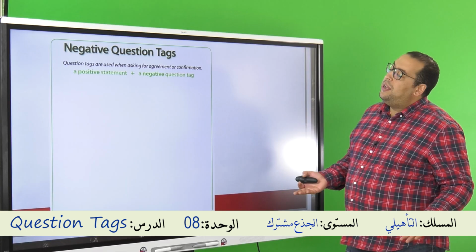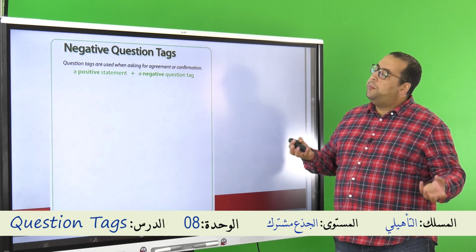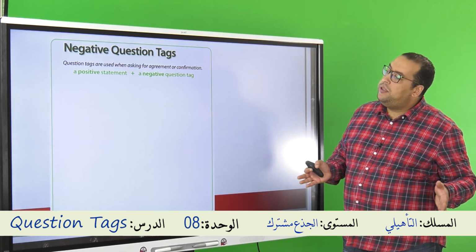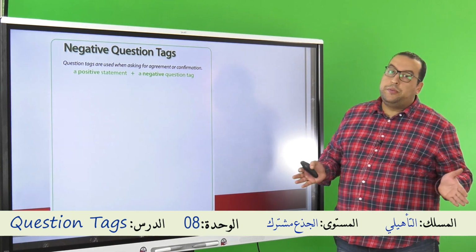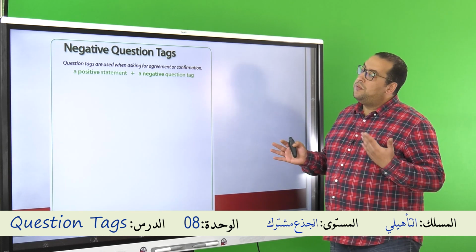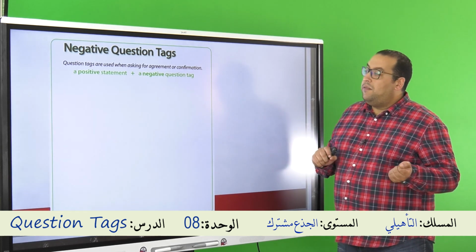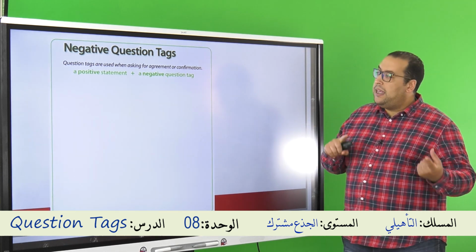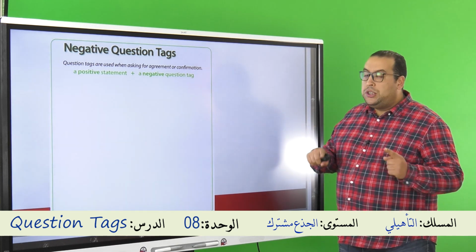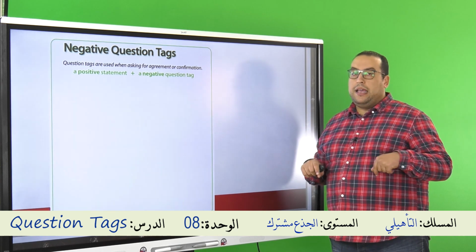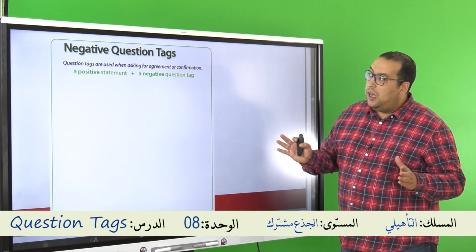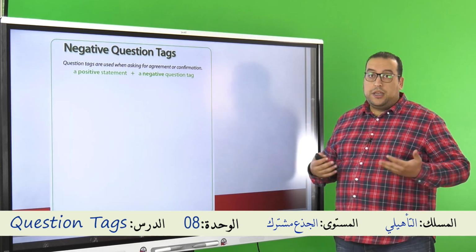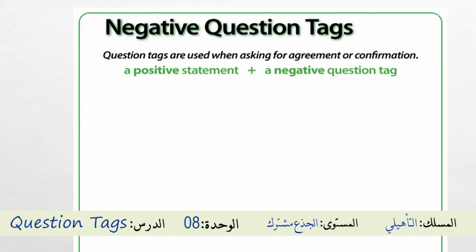Now, a question tag consists of two parts. The first part is the positive statement, and the second part, of course, is a negative question tag. So let's go back to the first example. I said, you are watching me from home right now. This is a positive statement because I use the verb: you are watching.